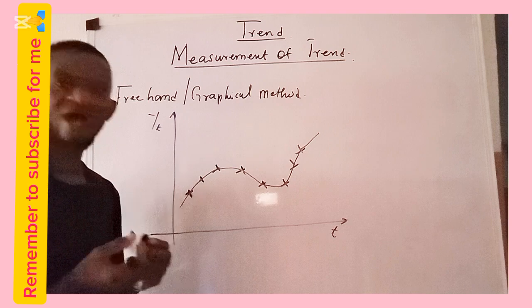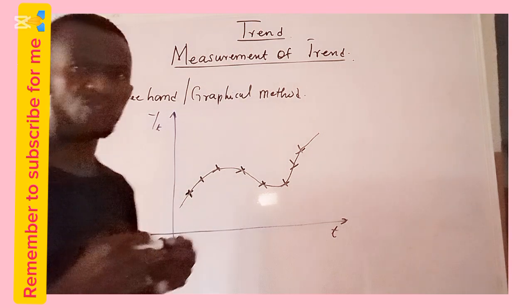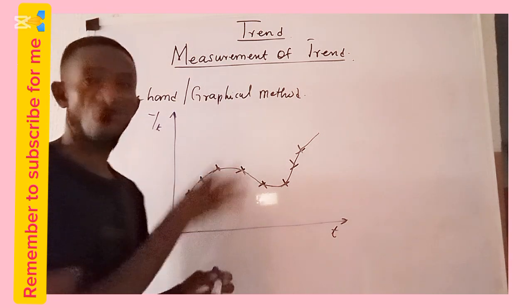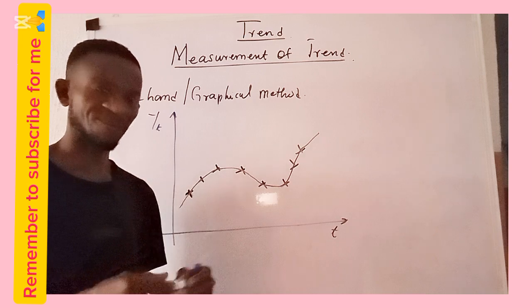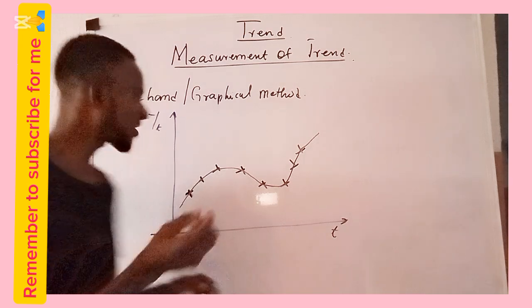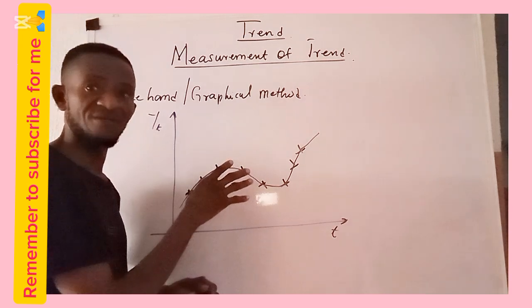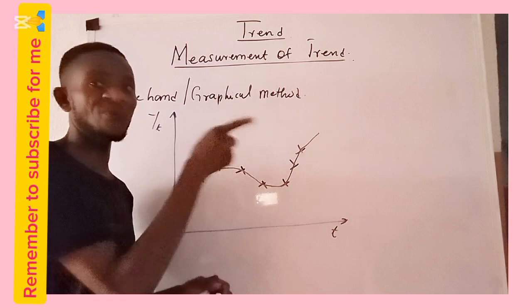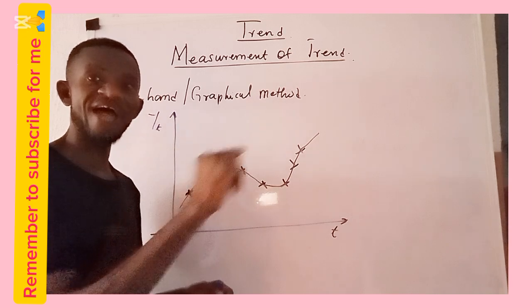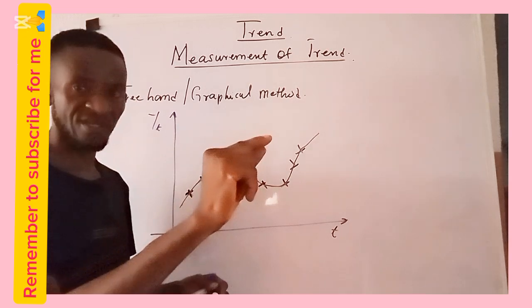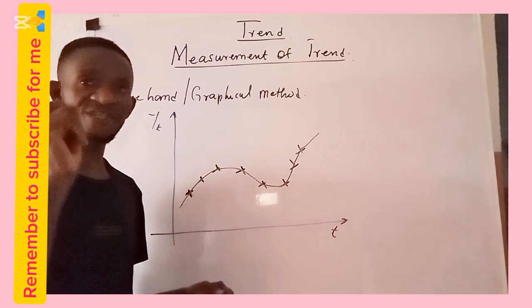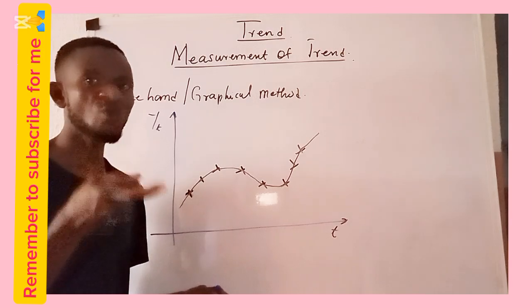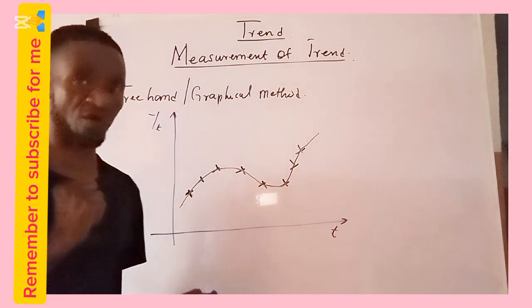So I have drawn a curve which of course joined all the points plotted there. The third one says I should examine this curve to determine the direction of the trend. And when I'm done doing that, I should use a straight line to connect the maximum number of points.